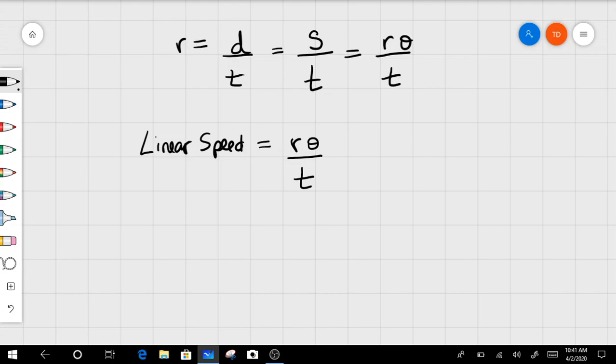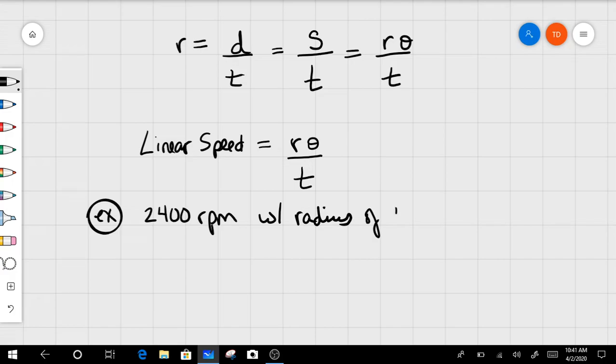So here's your formula for linear speed. Let's stick with the example that we had for angular speed, where it's rotating 2400 RPMs. And you're told that this blade that's rotating has a radius of 4 inches.